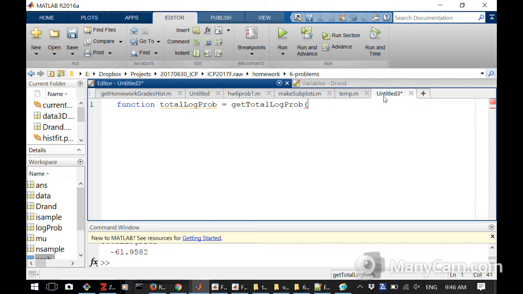What are the inputs to this function then? Excellent, yes. So we have mean and standard deviation. We named it mu. So mu and sigma are the input.